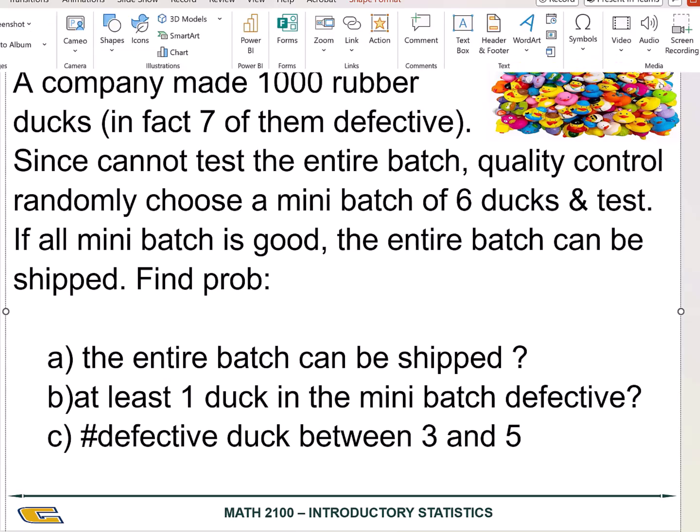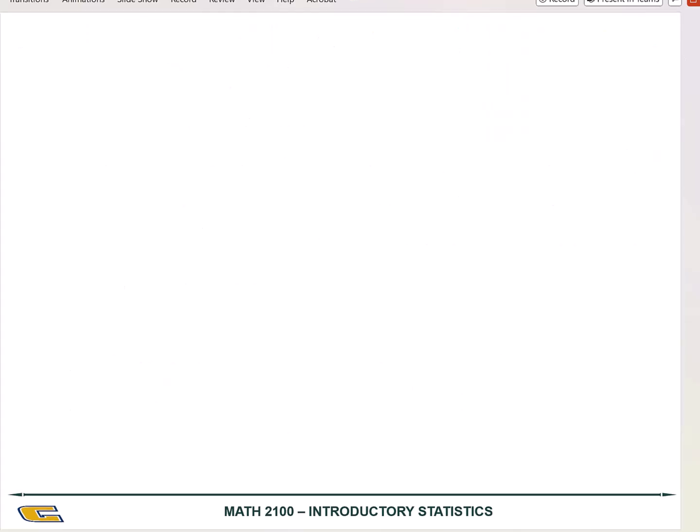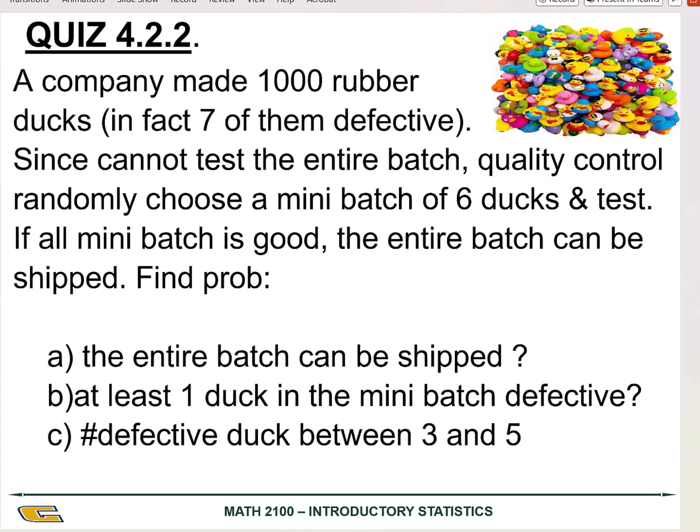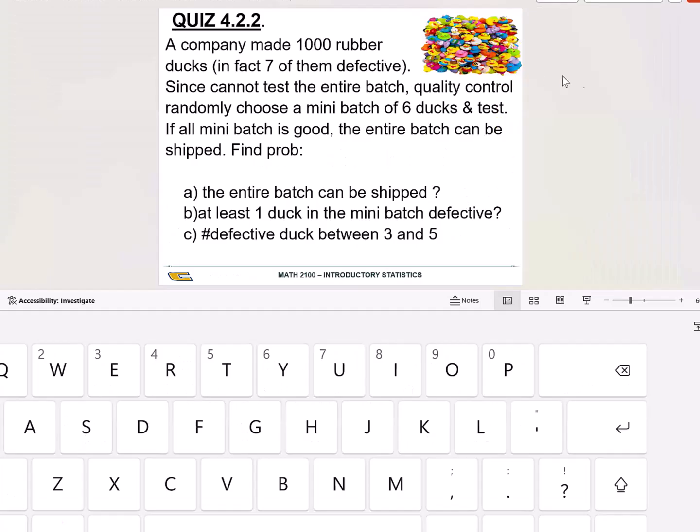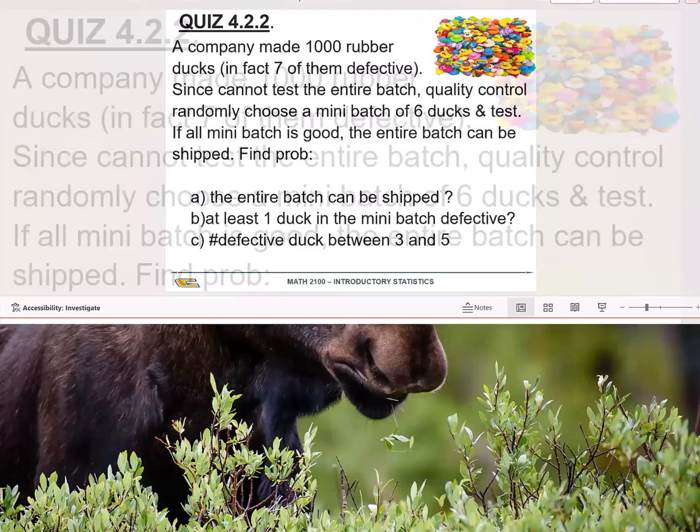Let me insert a slide. So you have 1,000 rubber ducks, right? And the truth here is that 7 of them are defective. Okay. So which means the defective probability is 7 out of 1,000, right? 0.007 here.